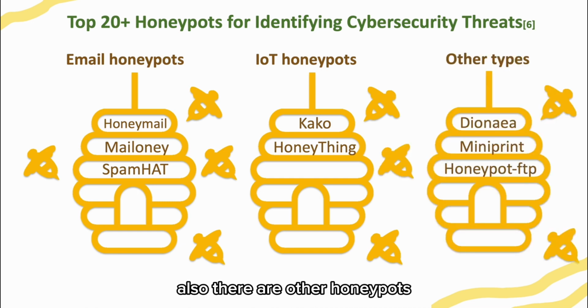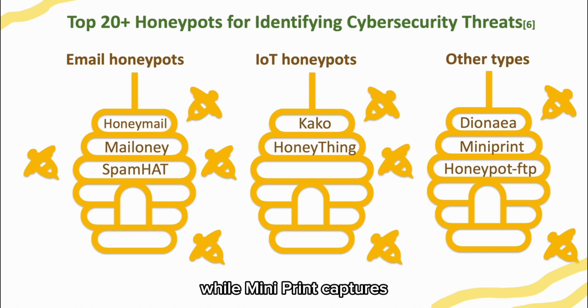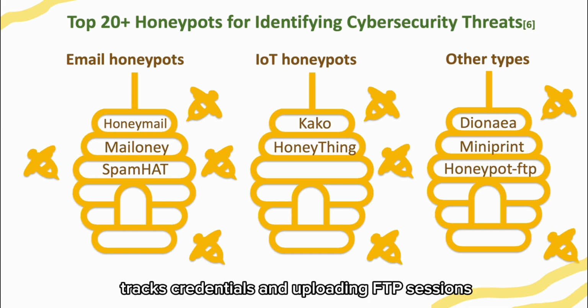Also, there are other honeypots that detect shellcodes across various protocols, while Miniprint captures printer-based attacks with deep logging, and Honeypot-FTP tracks credentials and uploads in FTP sessions.